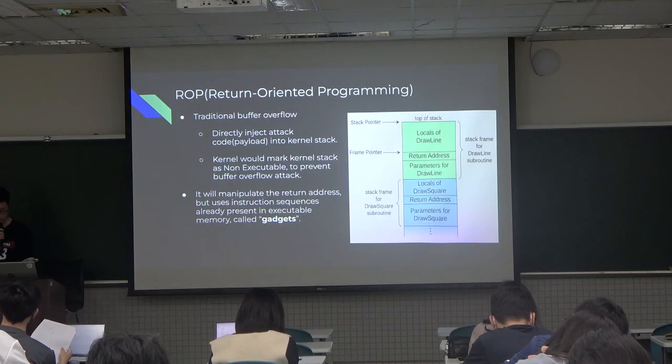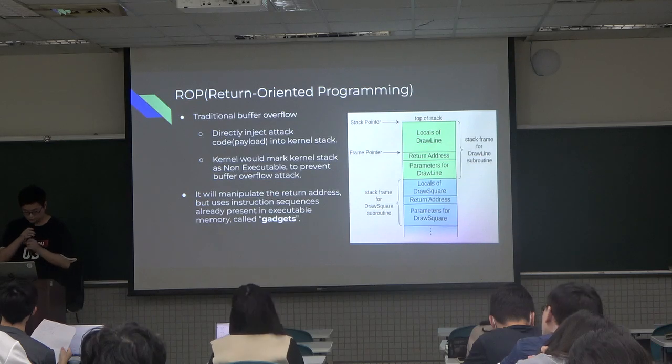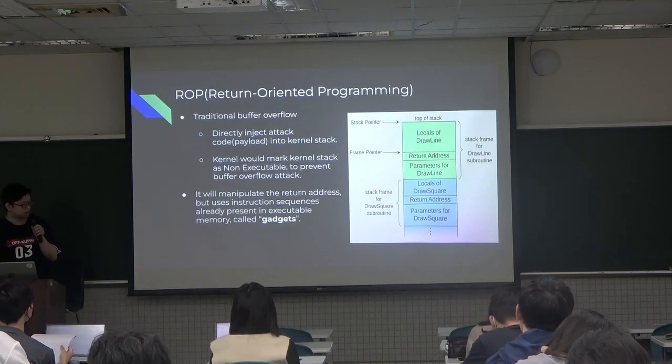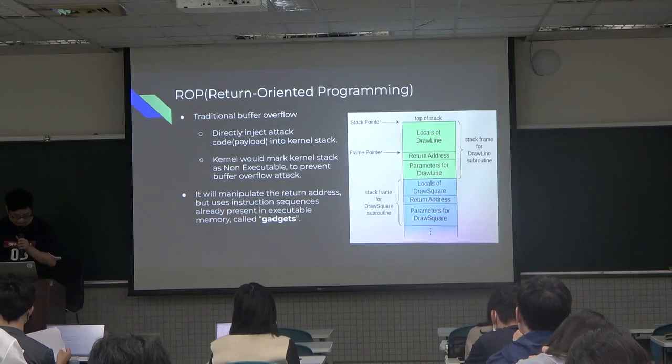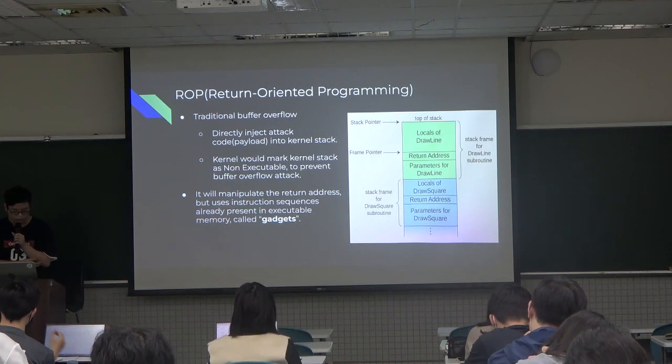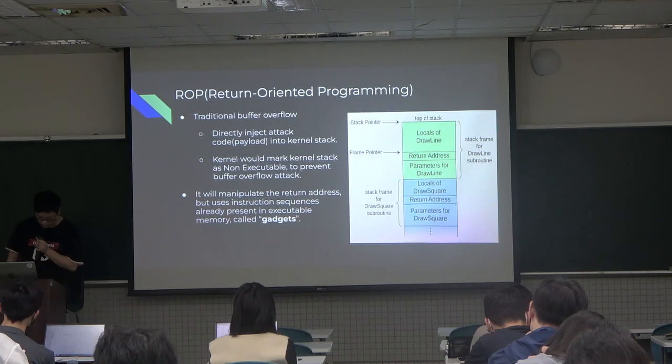And now I will introduce what ROP, return-oriented programming, is. ROP is an advanced form of stack overflow attack, and such attacks typically exploit program vulnerabilities, often involving buffer overflows.